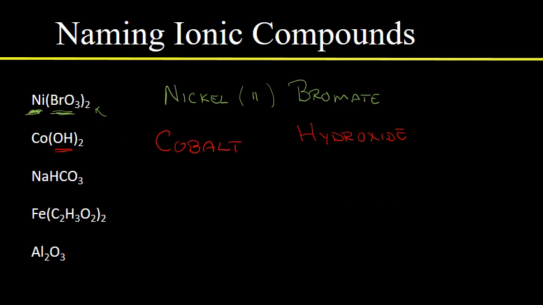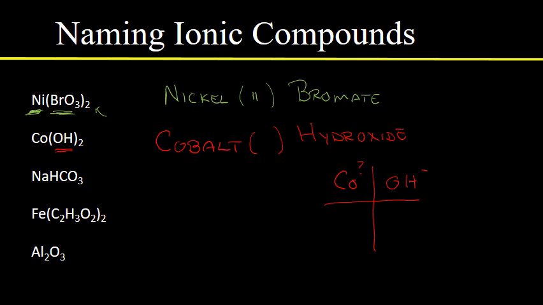Okay, so going back to the cobalt hydroxide, the cation is cobalt, the anion is hydroxide, so the name is cobalt hydroxide. But because cobalt is a transition metal, again, just like last time, we have to include that charge in there. So we'll make a little table. According to the formula, we've got 1 cobalt and 2 hydroxides. Hydroxide has a charge, let me put a question mark there.